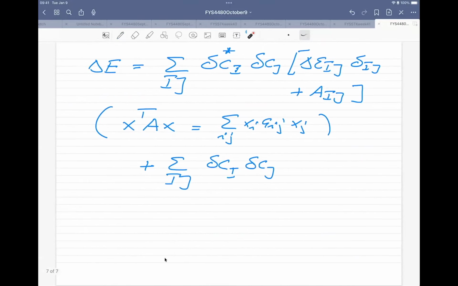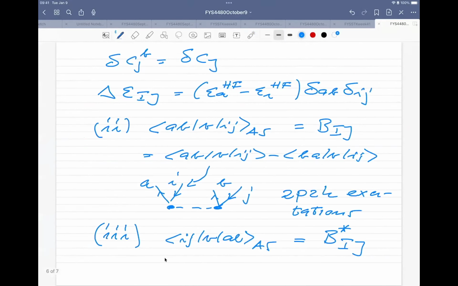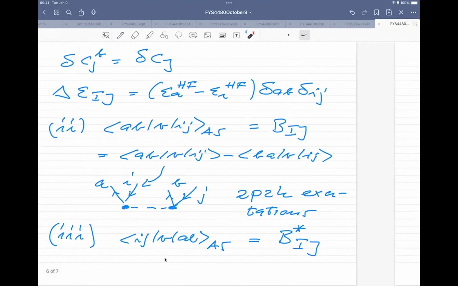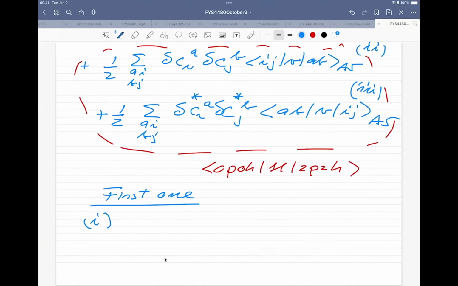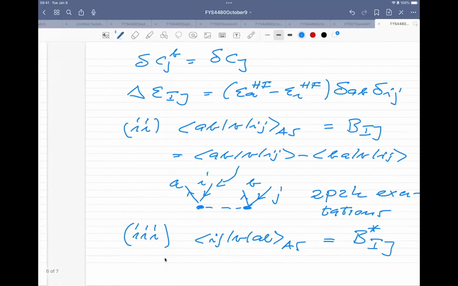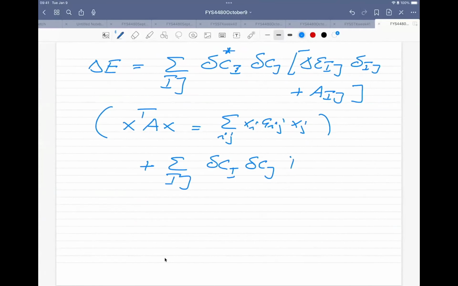So we would now get delta C_I, and then we have the matrix B_IJ, plus the final one, which is the conjugate of B_IJ, with delta C_I and delta C_J.